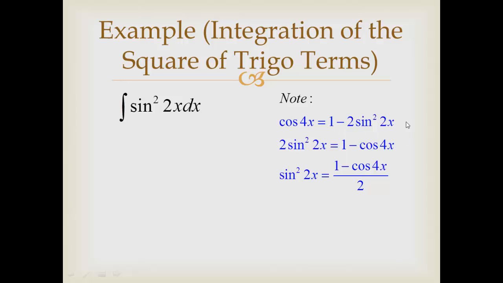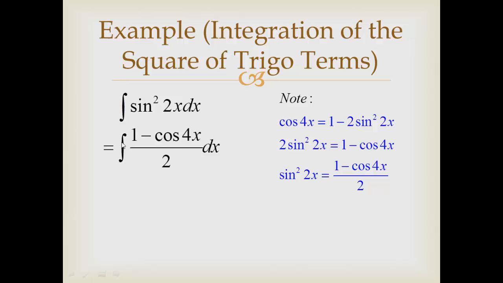So if I add 2 sine square 2x on both sides, and then subtract cos 4x on both sides, you will get 2 sine square 2x is equal to 1 minus cos 4x. Now we divide by 2 on both sides. So we'll get sine square 2x as (1 minus cos 4x) divided by 2.